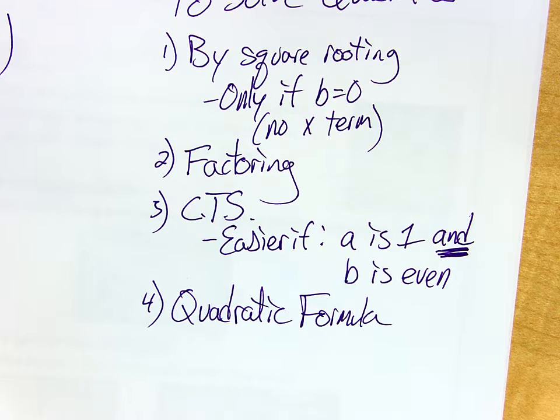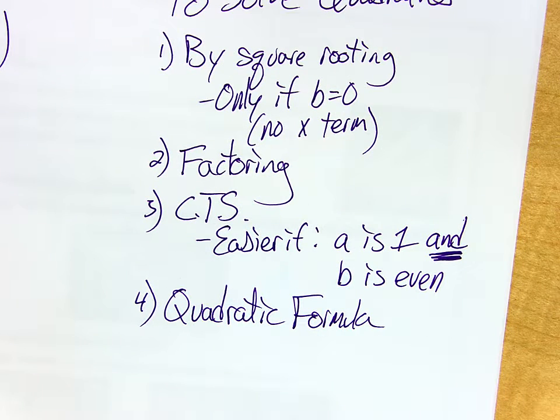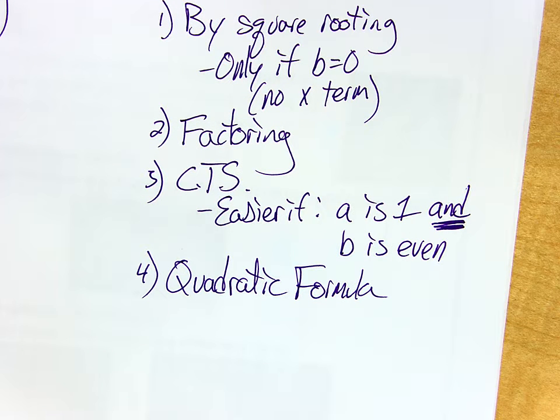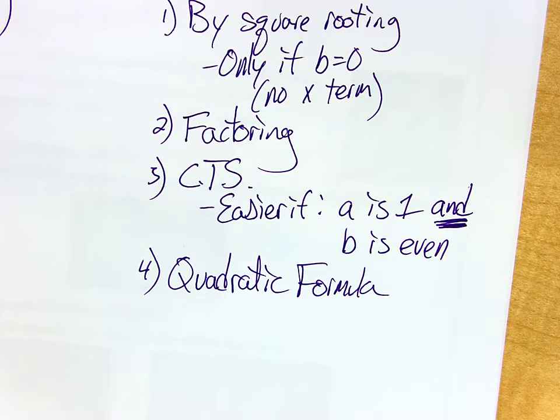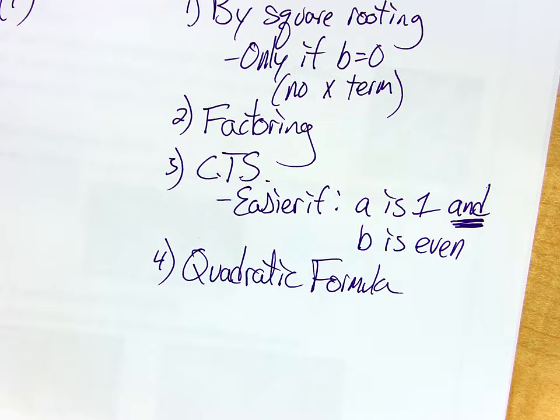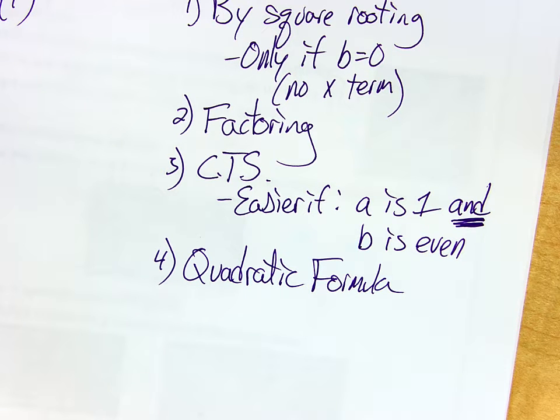And here it is. Are you ready? It's just a formula that you do need to memorize, but I'm sure a whole bunch of you know it already. Does anybody know it? Negative b squared plus or minus the square root of something.